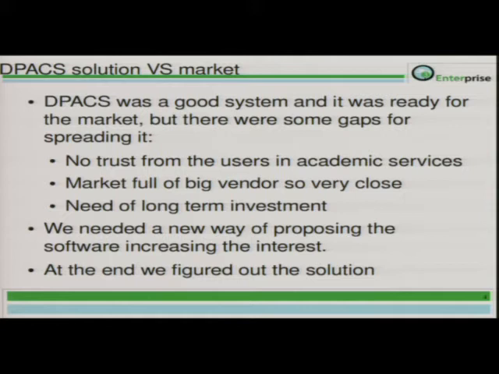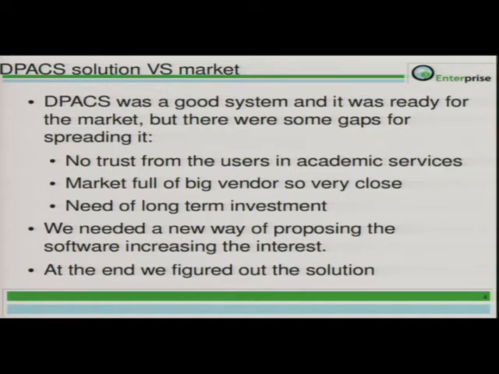But there were some gaps for spreading it in the market. From the market point of view, there is no trust in academic services. Usually the academic solutions are quite good, but not the academic services. Services means installation, maintenance, support, training, and so on. And the market in the radiology area is full of big vendors, so it's very closed and very difficult to enter.